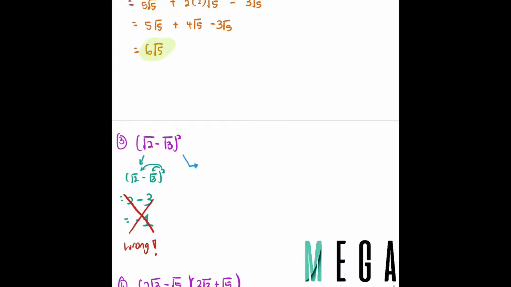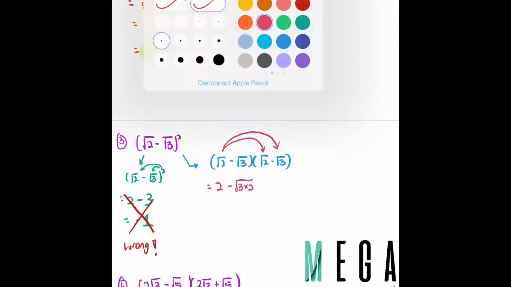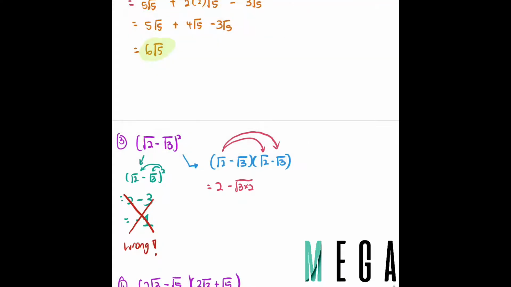What you need to do instead is multiply this whole term by itself. So surd 2 multiplied by surd 2, I will get 2. Surd 2 multiplied by negative surd 3, I will get negative surd 6. And the second term, we have negative surd 3 multiplied by surd 2.